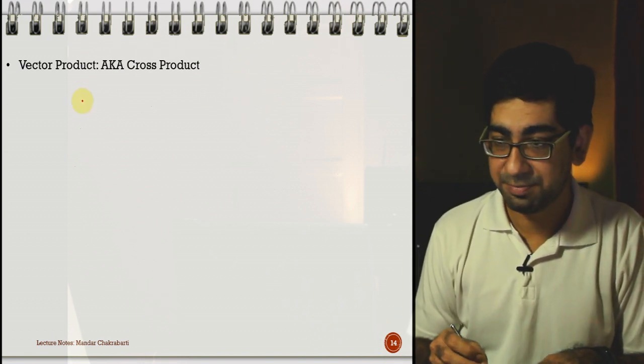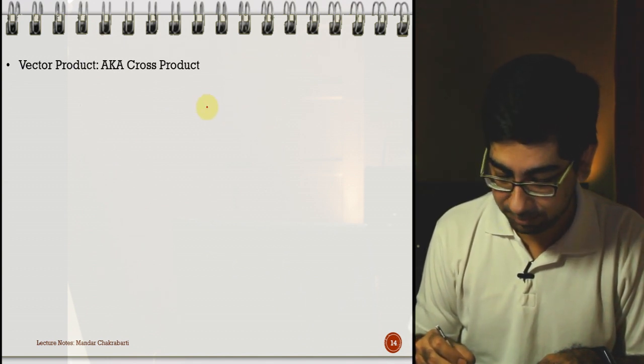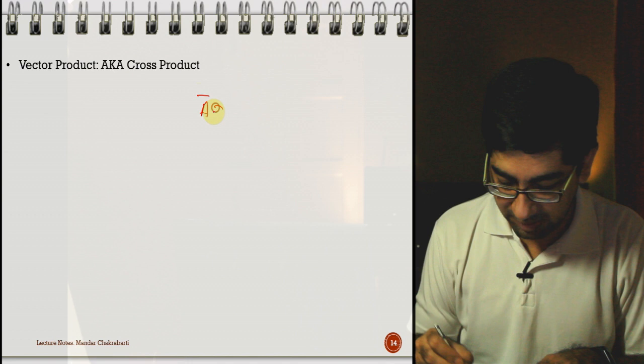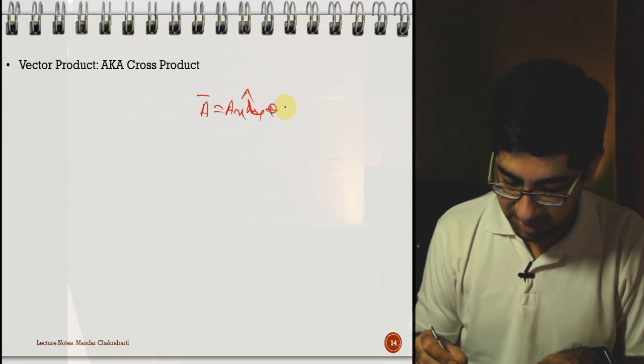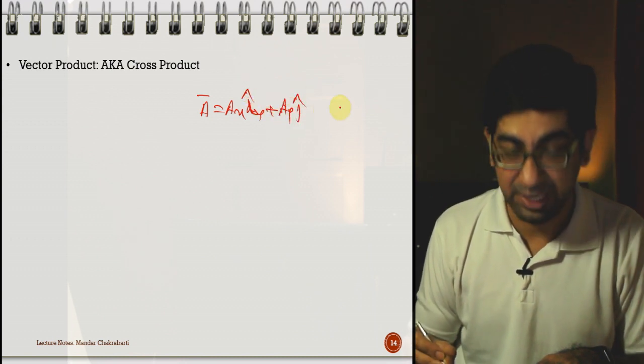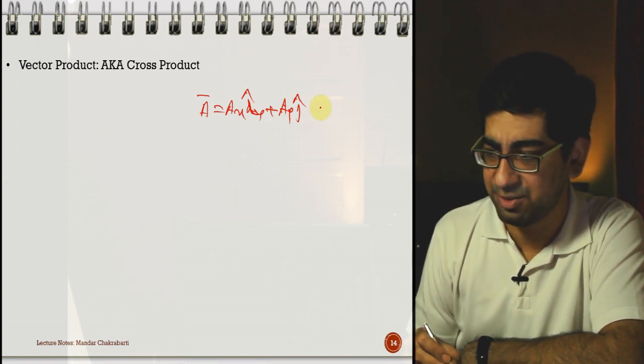Okay, so two vectors, vector A is ax i plus ay j. In fact, let me this time consider three-dimensional vectors only.